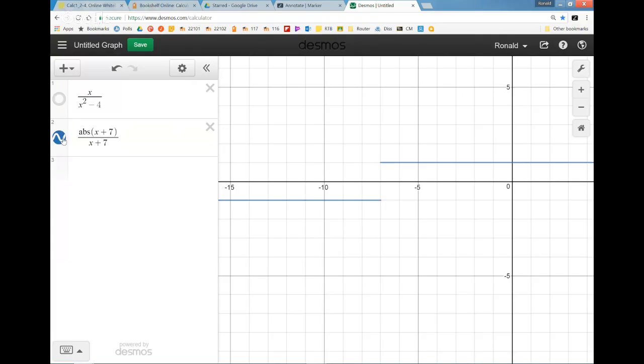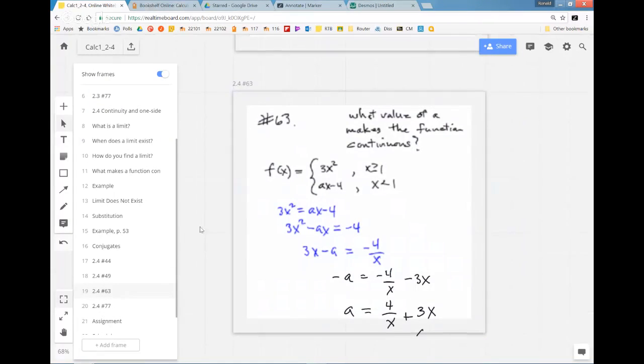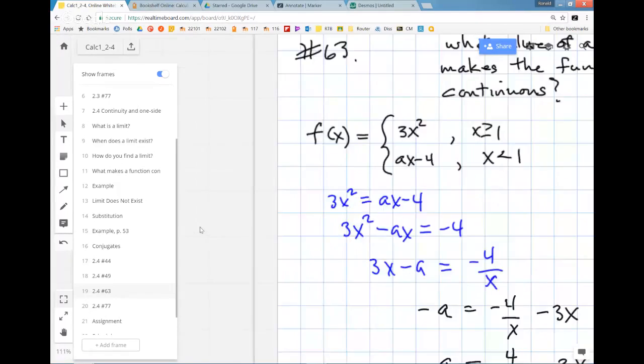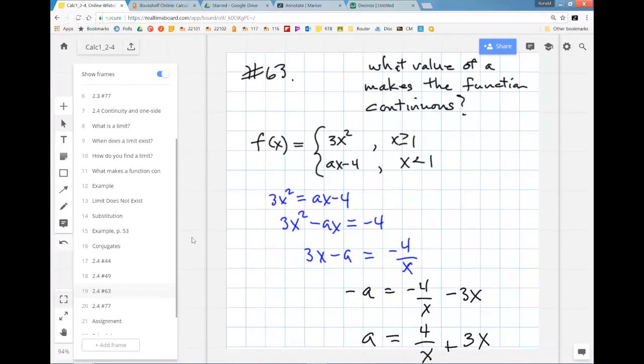All right? And then let's just take a look at this one, number 63. This is a different kind of question. It says, what value of A makes the function continuous? This is one of those piecewise functions.